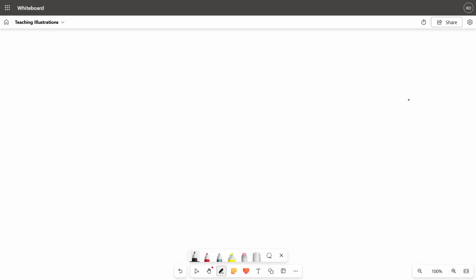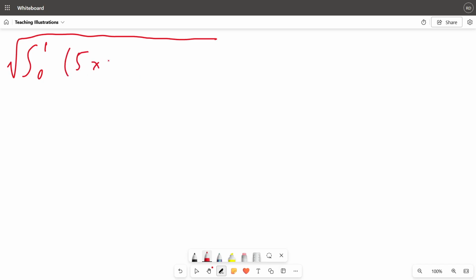So we will have the square root of the integral from 0 to 1 of 5x squared plus 1, squared, dx.